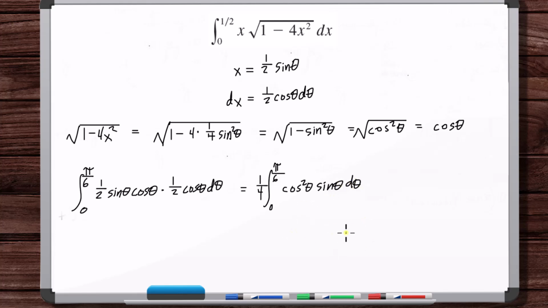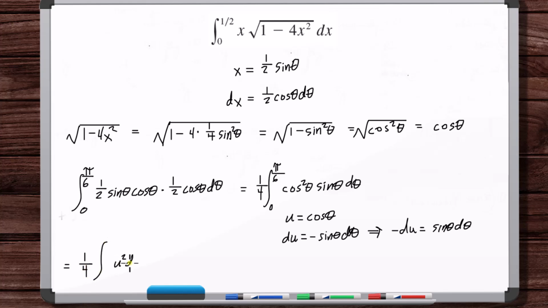And we can solve this by saying that u is equal to cosine theta, and therefore du is minus sine theta d theta, minus du is equal to sine theta d theta. Okay, so we've got u squared du, bring out the minus sign.